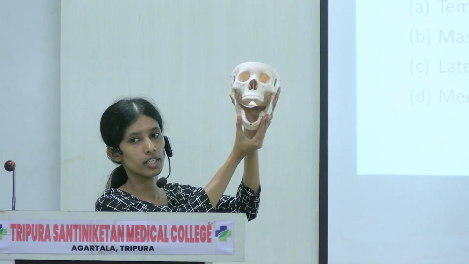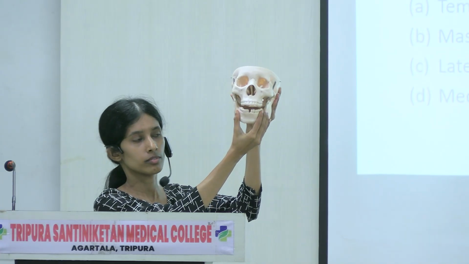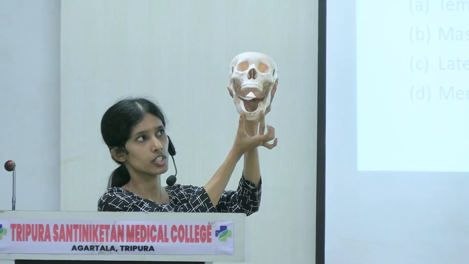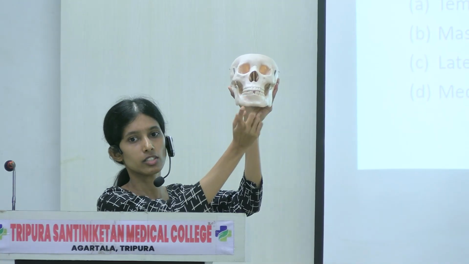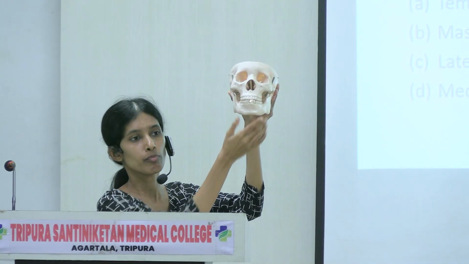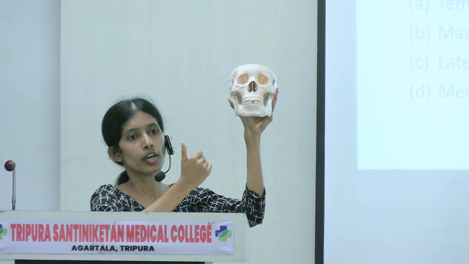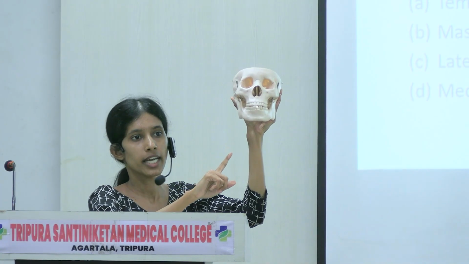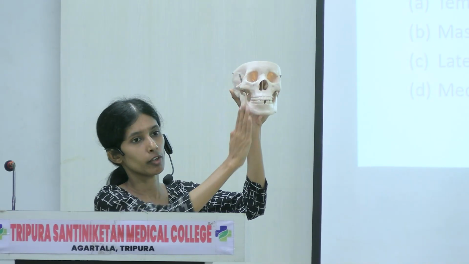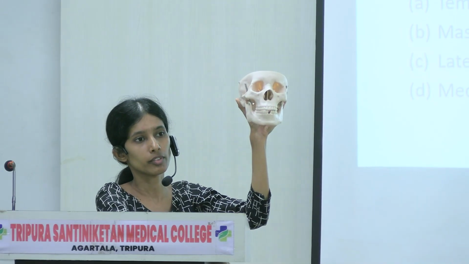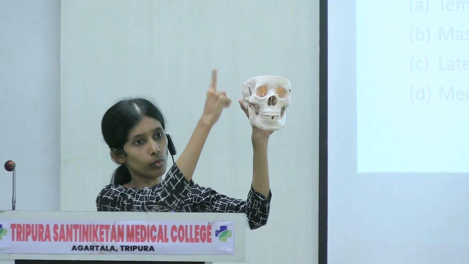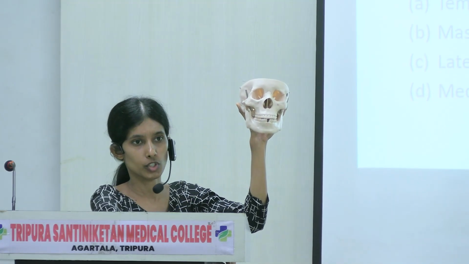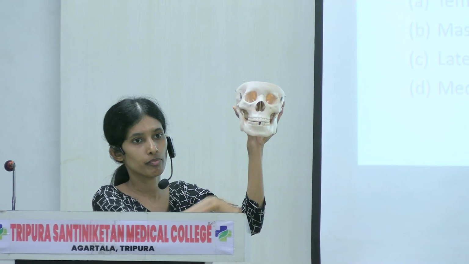What is this movement called? This movement is called depression. So, from this position, if your mandible comes up like this, it is called elevation, okay. During elevation, both the anterior and posterior fibers of the temporalis muscle are involved. The anterior fibers of the temporalis muscle will be pulled in which direction? In an upward direction, and the posterior fibers are pulled in a backward direction for the elevation action.